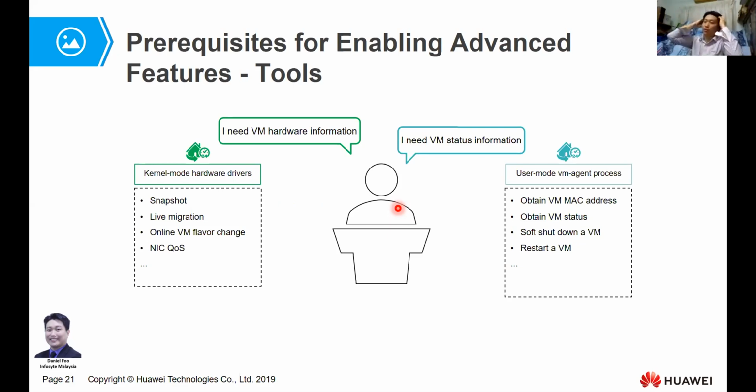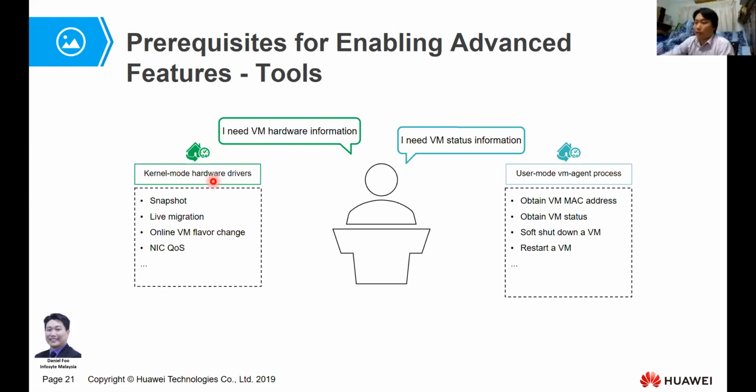So if you want to provide a NIC card QoS, you will require the tools to do that. And I also show you from the virtual machine, there will be some missing driver, especially your network card. So the VM2 will actually help you to install the virtual machine hardware driver in order to be fully functional.